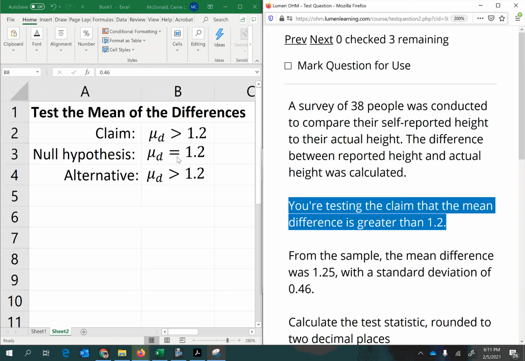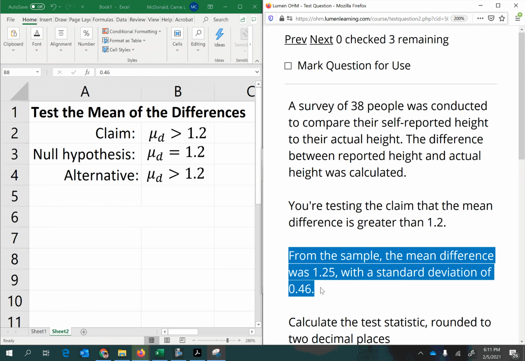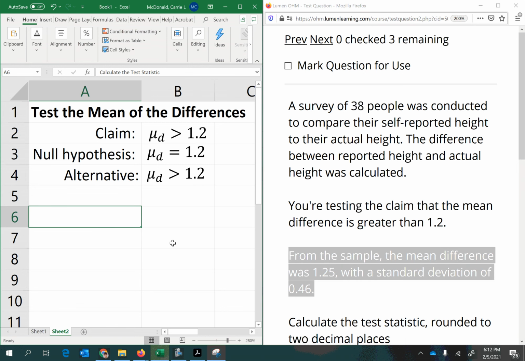We're saying, okay, let's assume that the null hypothesis is true, that the mean is actually equal to 1.2. Now, our sample data may indicate enough evidence to reject the null hypothesis, and that would allow us to support the alternative.